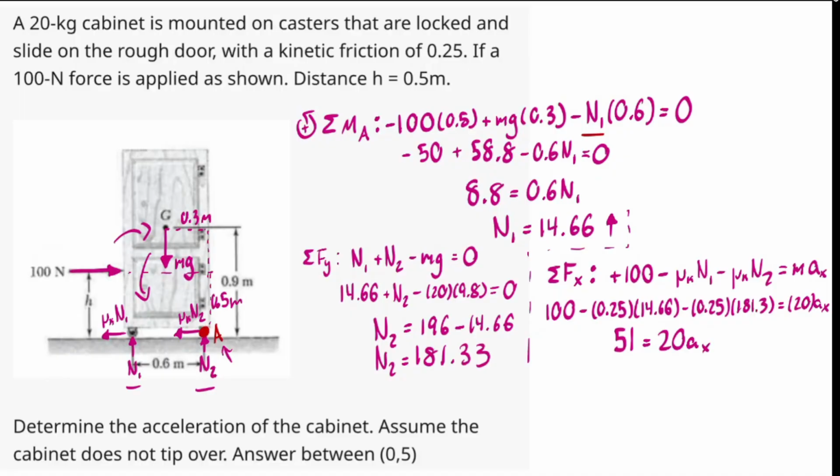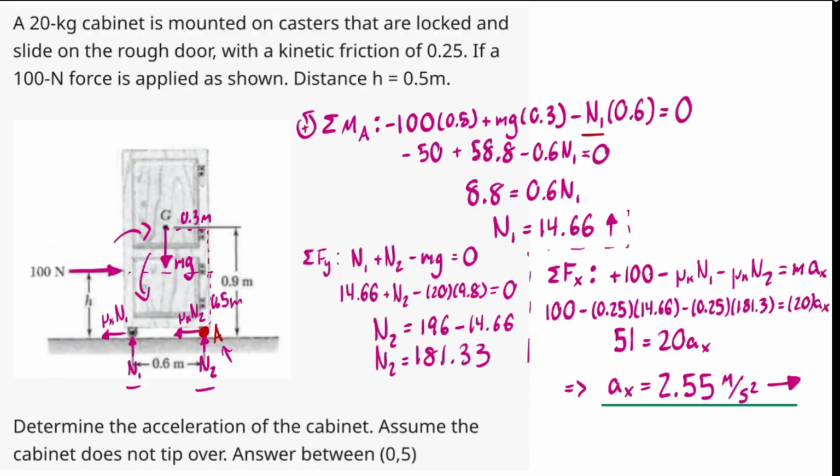And then we'll just divide both sides by 20 and get that our acceleration in the x is going to be about 2.55 meters per second squared in the right direction. So this cabinet is accelerating to the right when we push it to the right, so that makes sense. So that's going to be our final answer for this problem.